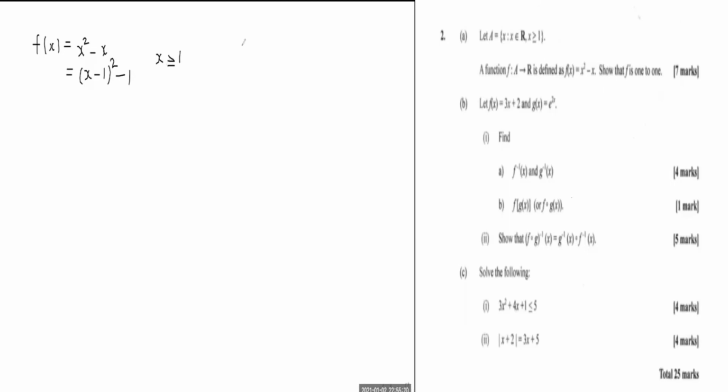All right, and so if this is the curve, I'm going to draw a quadratic curve. And the minimum point is 1, negative 1. That's what I have.